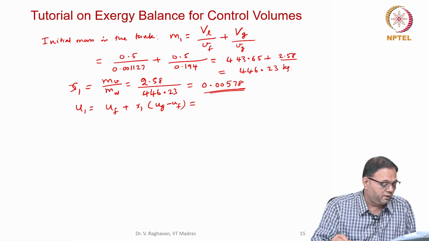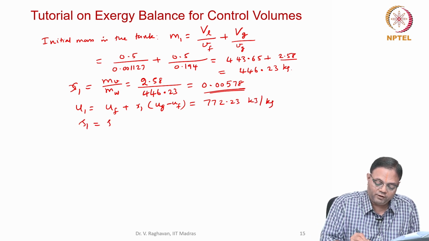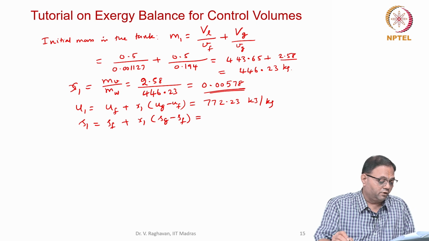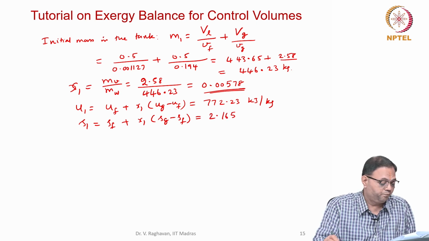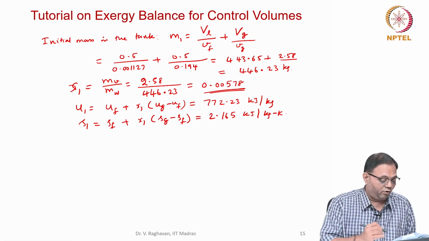We substitute them, I get the value of U1 as 772.23 kilojoule per kg. Similarly, I can take S1 value as Sf plus x1 into Sg minus Sf, that will come out as 2.165 kilojoule per kg Kelvin. Okay, so the state is fixed, and whatever values we want, we have got.